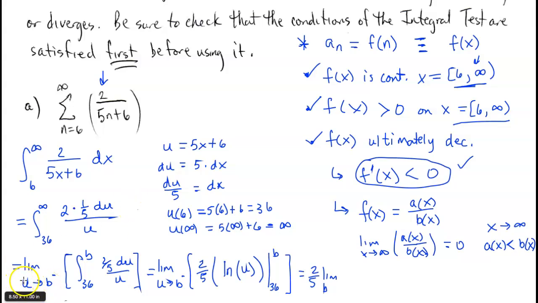That reminds me that I should probably write this way: as b approaches infinity. That's probably a better way to do it, because once I'm done with all of this, I know that it's going to be approaching infinity anyway. So that's a better way to write that. So let's change that here.